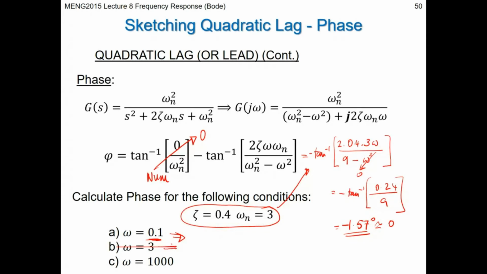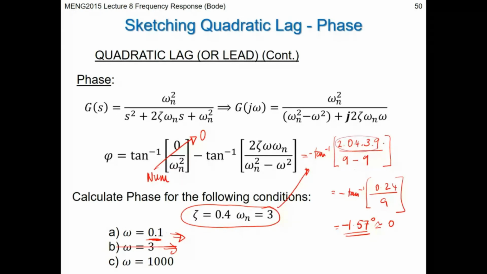If we go to omega equals 3 now, this is no longer approaching 0. We've got a 9 here, because 3 squared is 9, so 9 minus 9 is 0. And you have a 9 here.